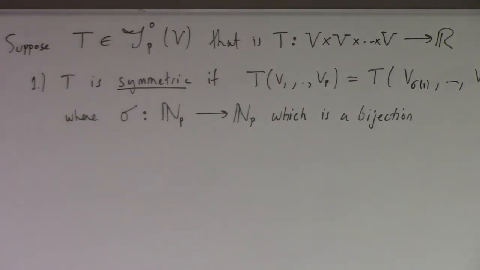This is a name in math, the bijections on the set of elements from 1 to p. What are these called? Permutations. Permutations, that's right.